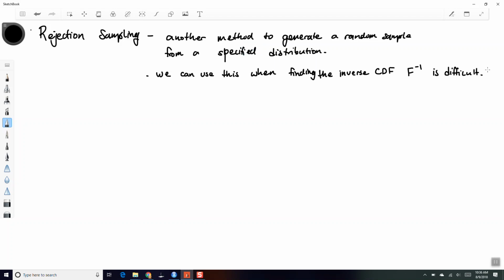So for example, the CDF of the normal distribution does not exist in closed form.